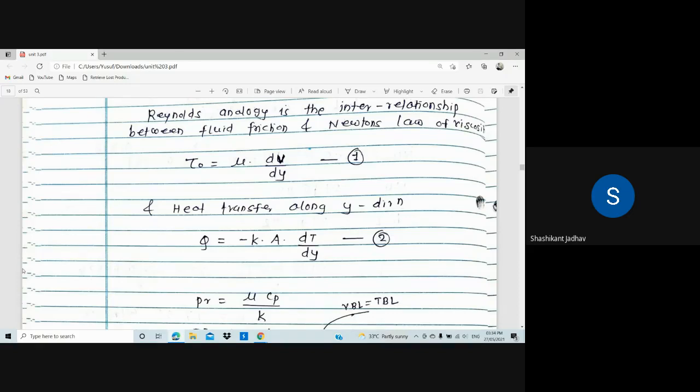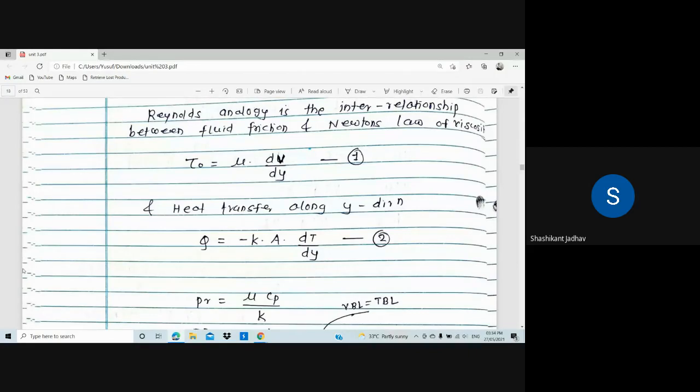Then heat transfer along y direction. So write down the equation for the heat transfer, that is q is equal to k into dt by dx.